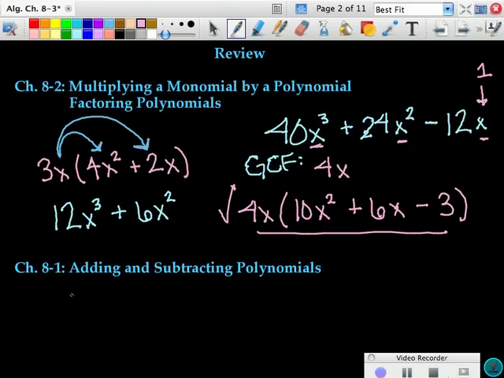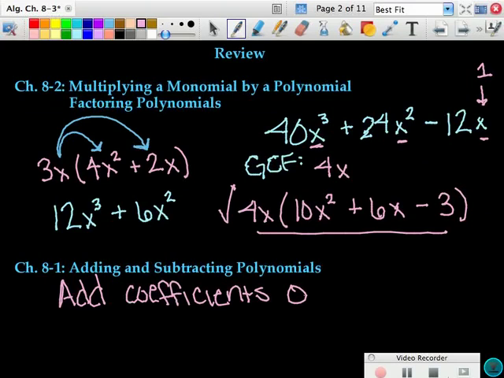Adding and subtracting. Now, only like terms. Remember, add coefficients only. When you are adding, or I guess I can even add here, subtract.